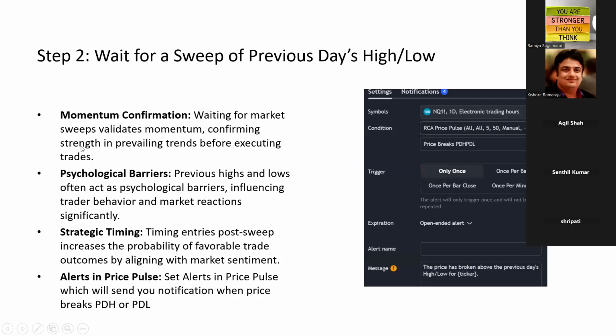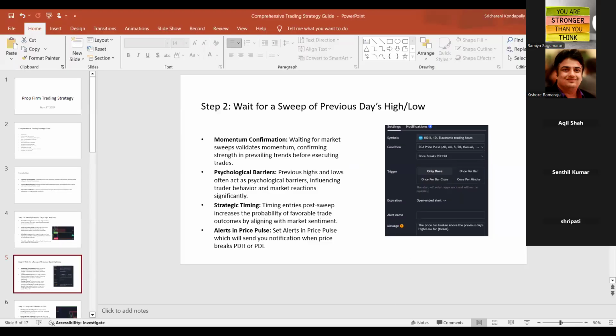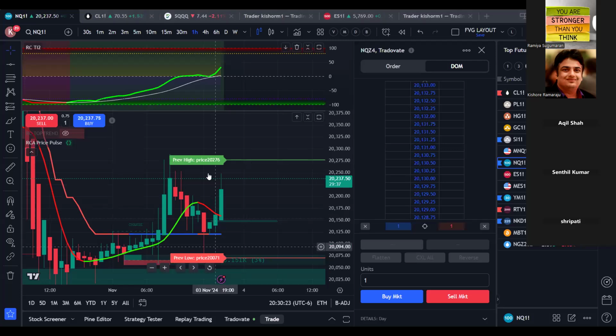And then step number two: wait for the sweep of the previous day high or low. That means don't take trades before price sweeps that, because there is a lot of liquidity there. Whenever you want to take a trade, you always wait for price to go there.